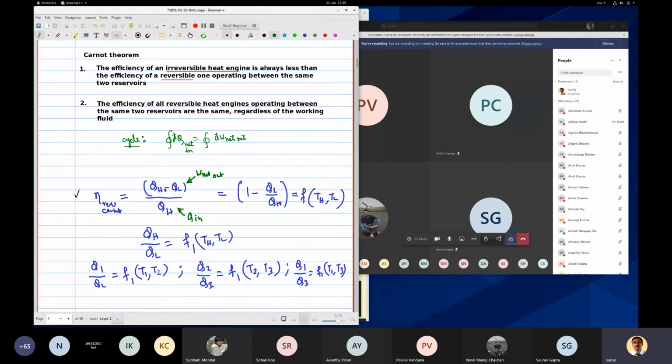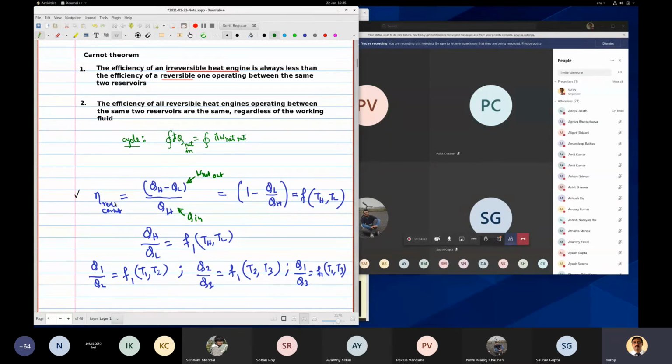So what is the net in? QH minus QL, which is our work out. So this is our Q net in, divided by QH, which is the Q in. So the ratio between them, as per definition, is the efficiency of the reversible Carnot cycle.